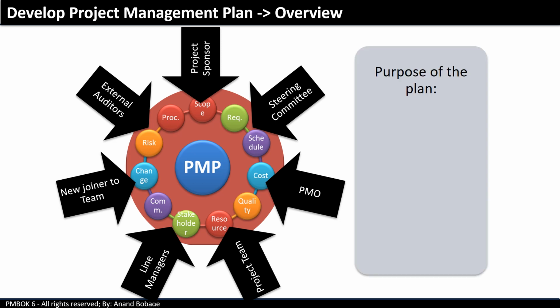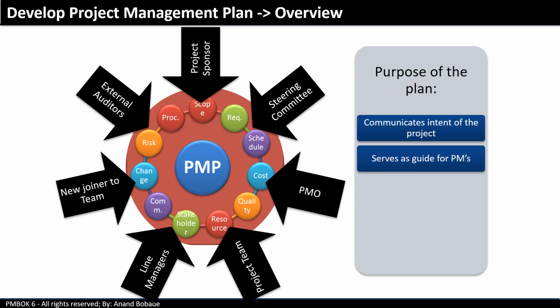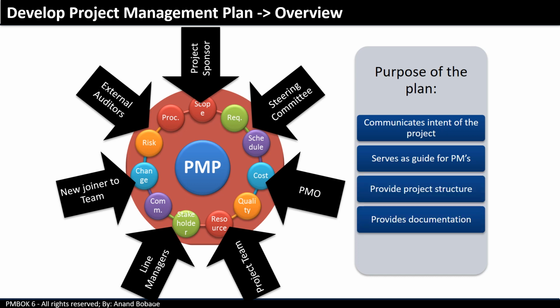In a nutshell, the purpose of the project management plan is to communicate the intent of the project, serve as a guide for the project manager throughout the execution of the project, provide project structure, provide documentation, and provide a baseline. It is the central document which guides the overall execution of the project.